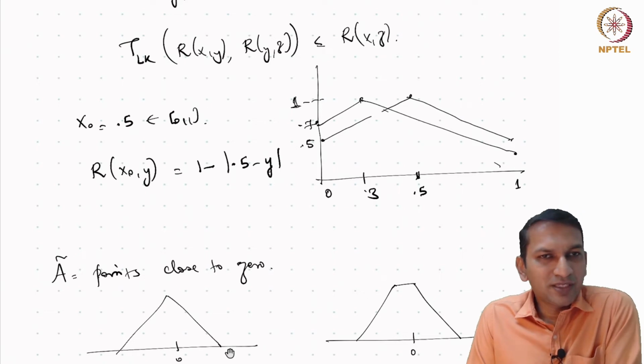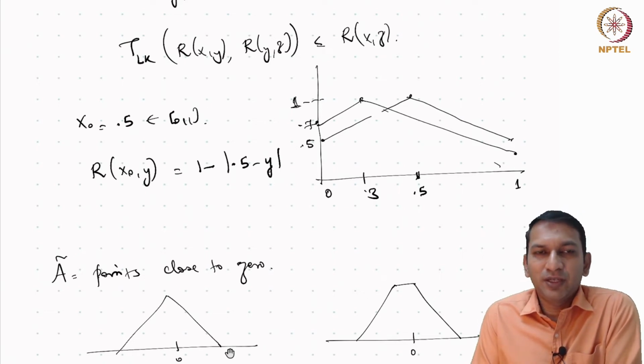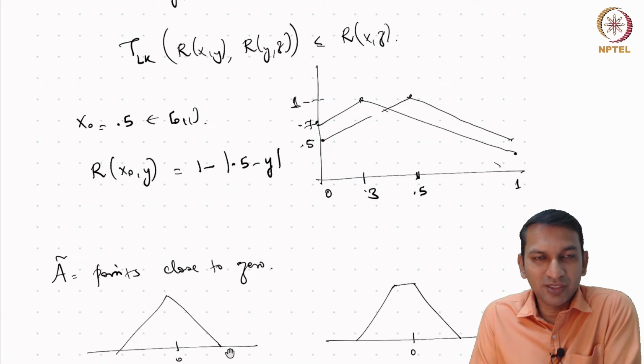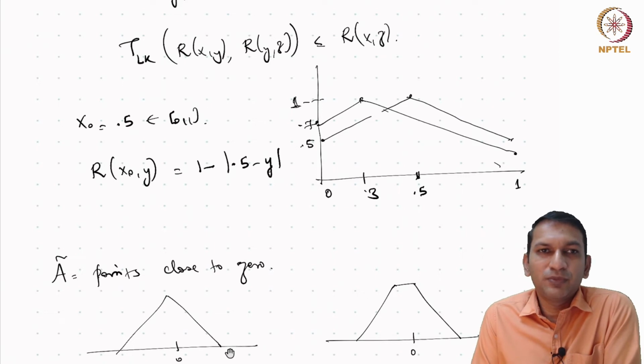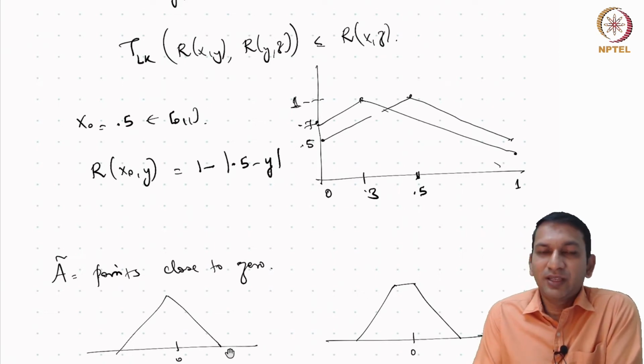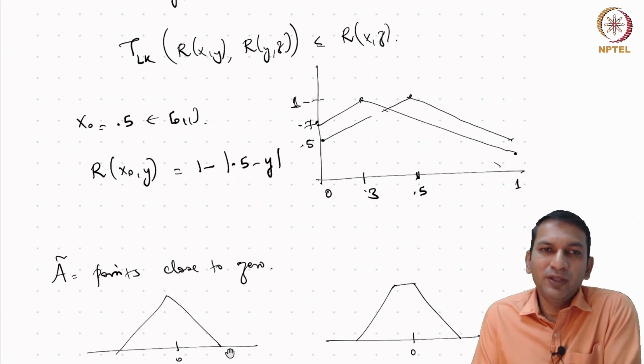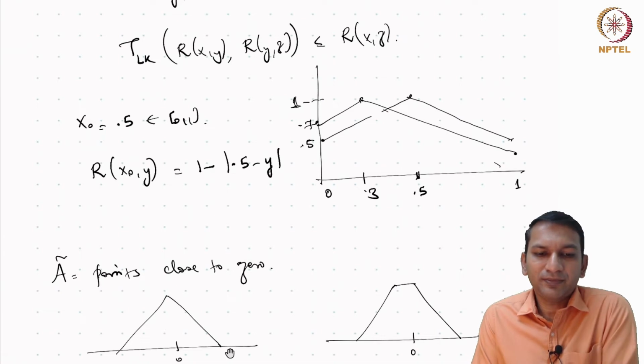Now this should not come as a surprise, because mod x minus y measures distance, and 1 minus that can be looked at as how similar these 2 points are. In fact, we will see this in a little more detail in the next 2 lectures. Distance and similarity are in some sense dual of each other.